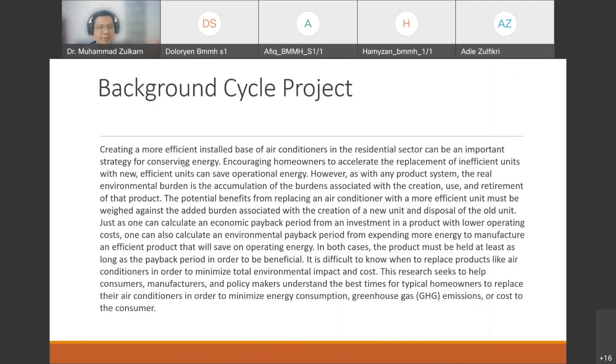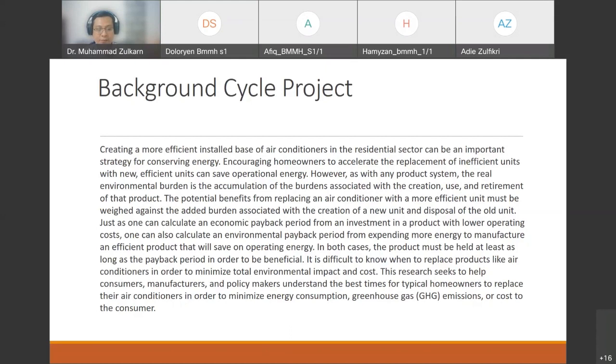Creating a more efficient installed base of air conditioners in the residential sector can be an important strategy for conserving energy. Encouraging homeowners to accelerate the replacement of inefficient units with new efficient units can save operational energy.